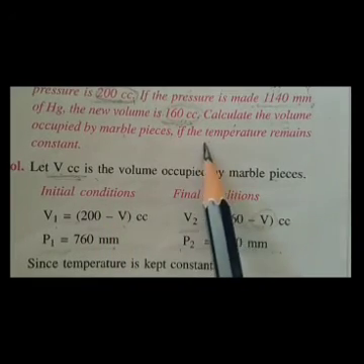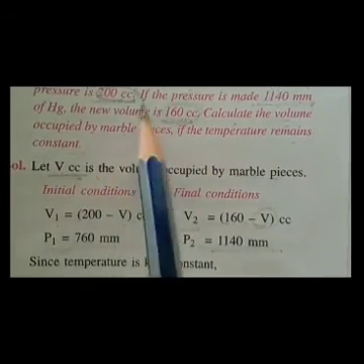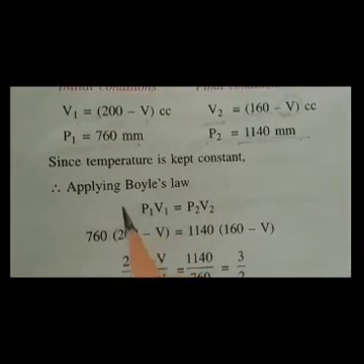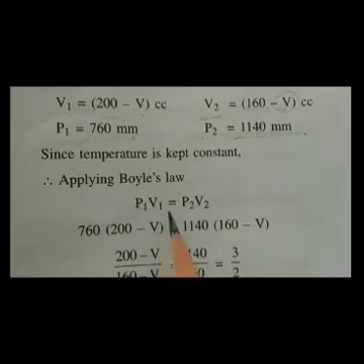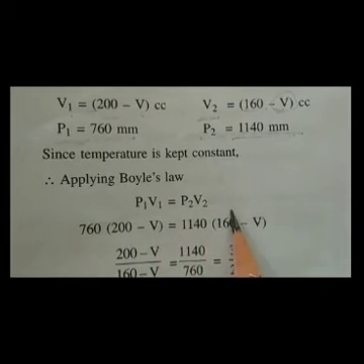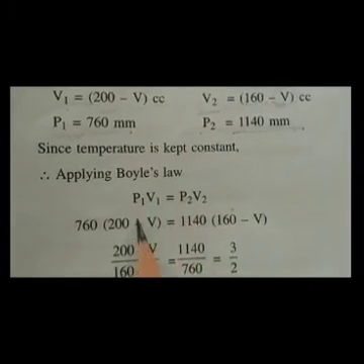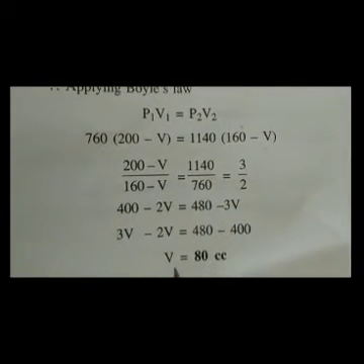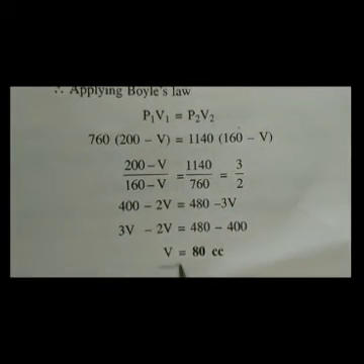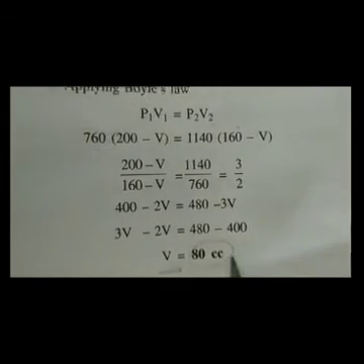Since the temperature is kept constant while changing the pressure, we can apply Boyle's law: P1 multiplied by V1 equal to P2 multiplied by V2. Putting all these values in this equation and evaluating, we get the volume of the marble pieces equal to 80 cubic centimeter.